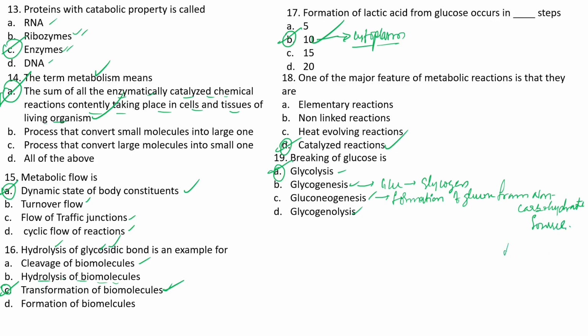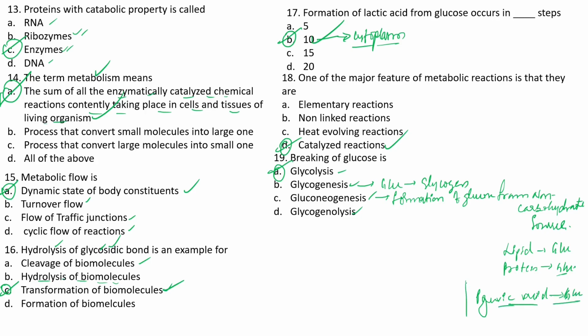For example, from lipid the glucose is actually formed, or otherwise from proteins glucose is actually formed. It is called gluconeogenesis. But generally the pathway starts from the pyruvic acid, remember. From pyruvic acid the glucose is actually formed.